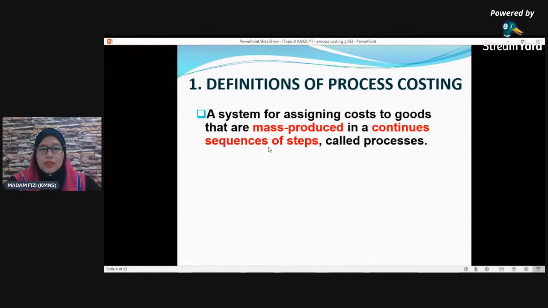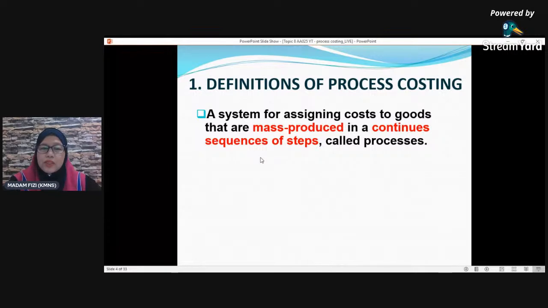Okay, a process costing is a system for assigning costs to goods that are mass produced in a continuous sequence of steps that is called process. Maksudnya, process costing ni adalah pengekosan proses. Dia ni adalah satu sistem yang kita nak allocatekan cost kepada produk that are mass produced.